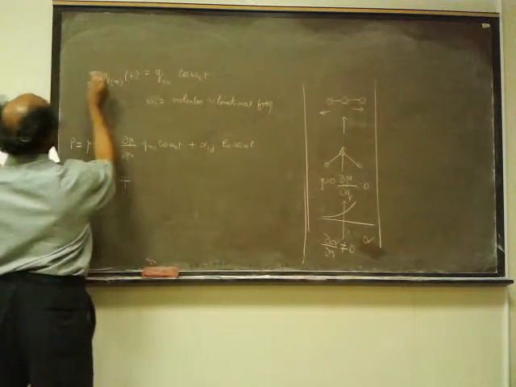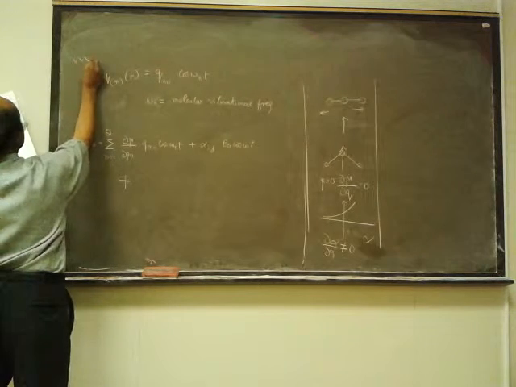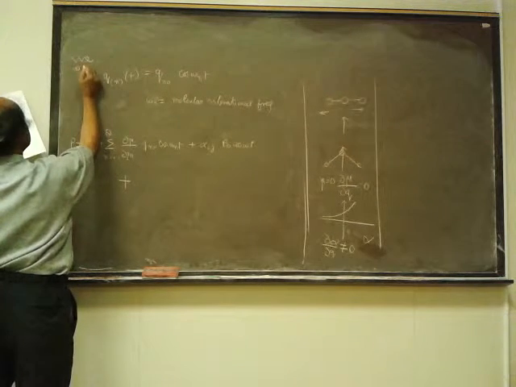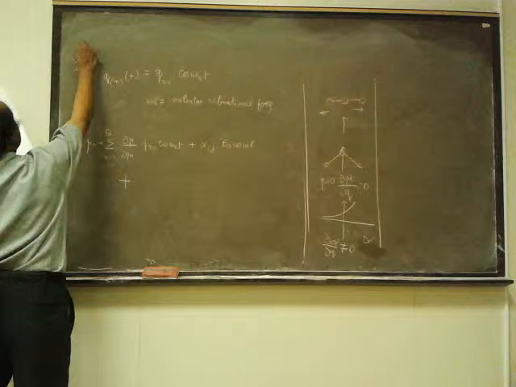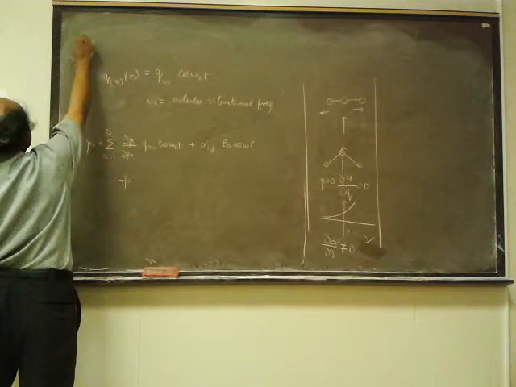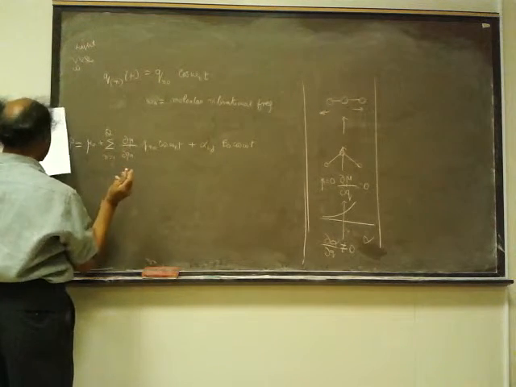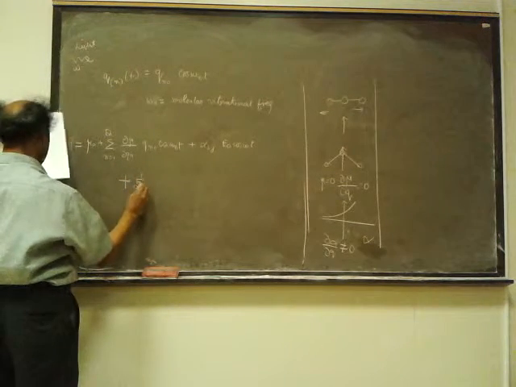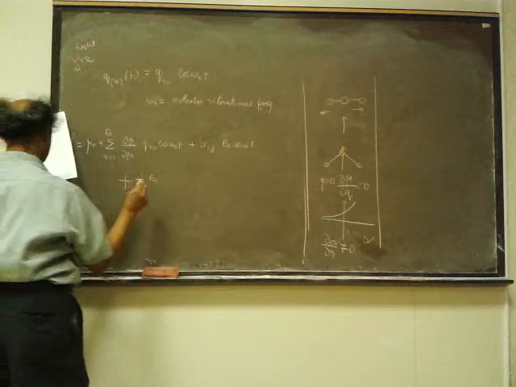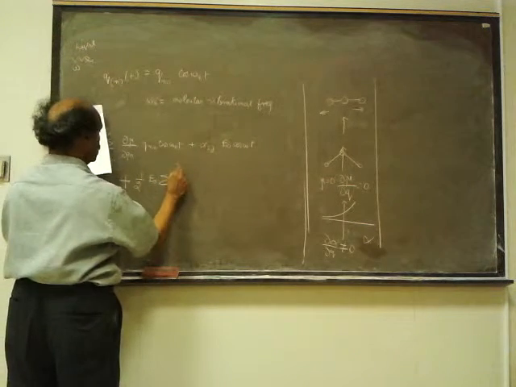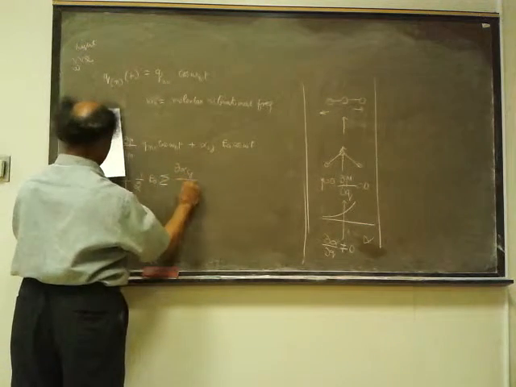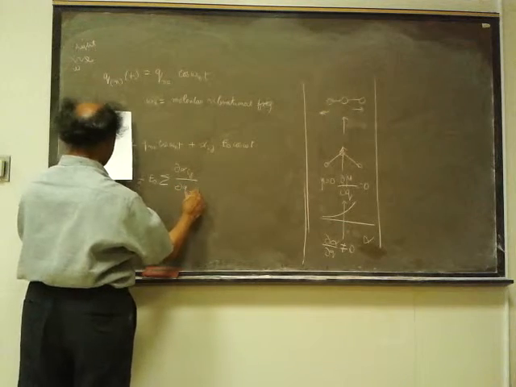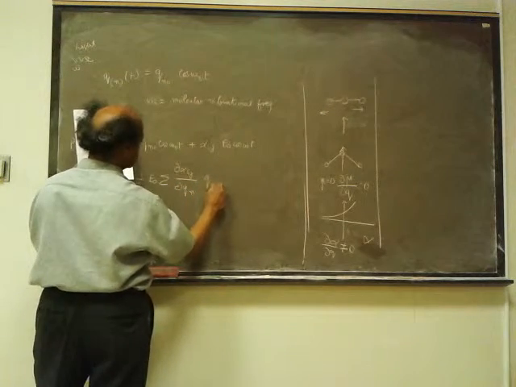Now imagine you are sending a light of frequency omega. This is a light, not necessarily laser light. Then the net effect will be 1 by 2 E naught sum of dalpha_ij by dq_n times Qn0.